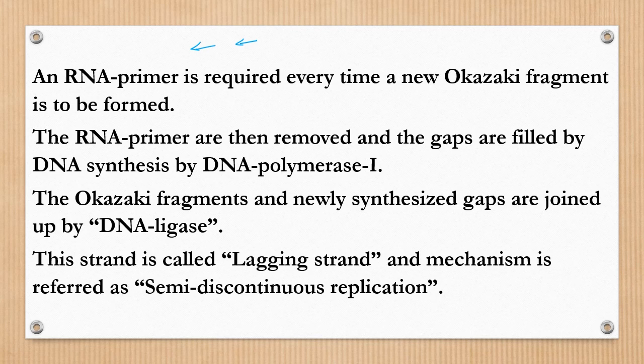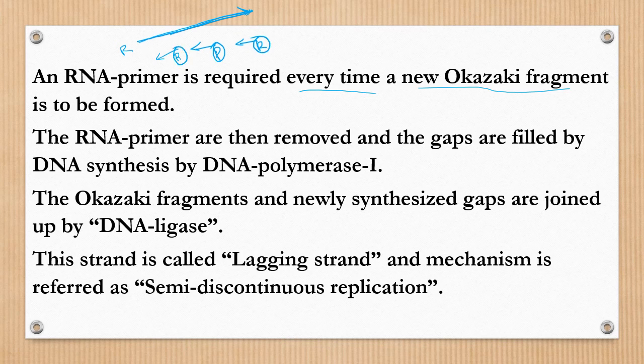So an RNA primer is required every time for a new Okazaki fragment. Whereas in the continuous strand, once the RNA primer is formed, it continues the initiation and elongation of the DNA chain. But here every fragment is initiated with an RNA primer.